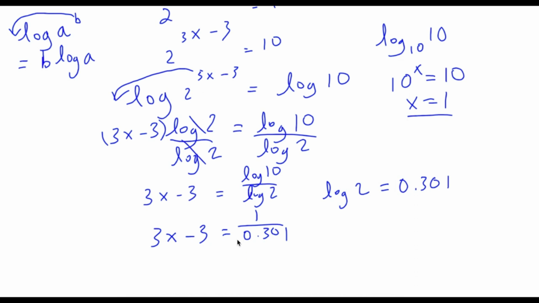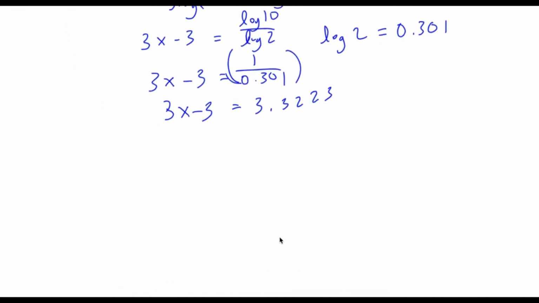Now, 1 over 0.301 is approximately 3.3223. So now we have 3x minus 3 is equal to 3.3223. So I can simply add 3 on both sides.